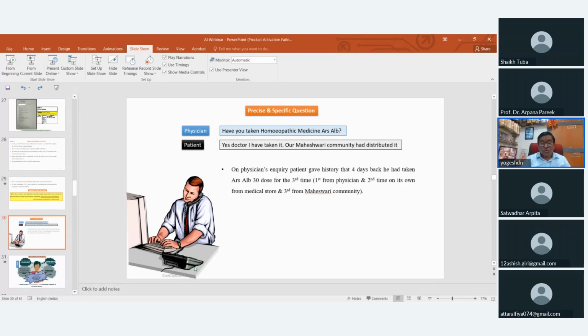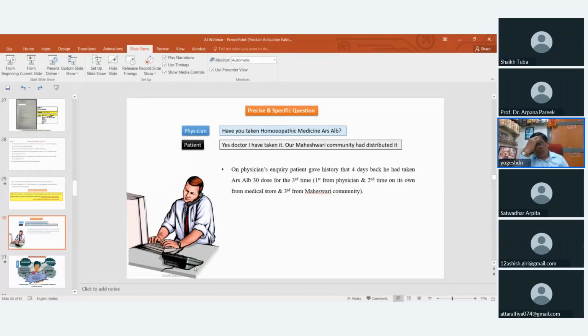Because he was already oriented about homeopathy and already taking treatment, and the way Arsenicum album prescription was randomly done at that time, patients took multiple doses of Arsenicum album. So he said, yes, doctor, I have taken it. Our Maheshwari community had distributed it.